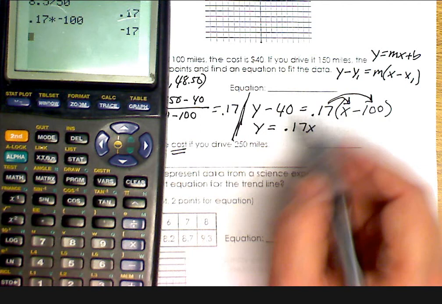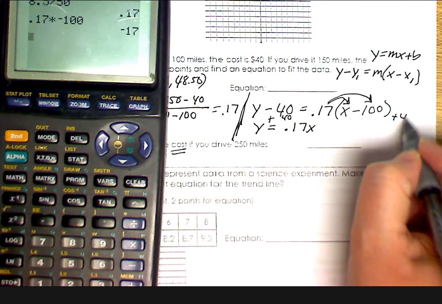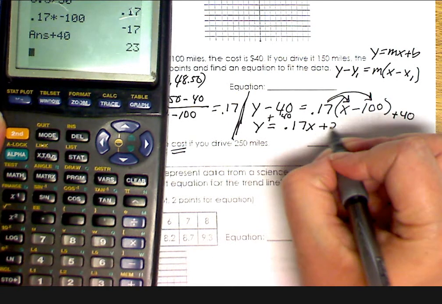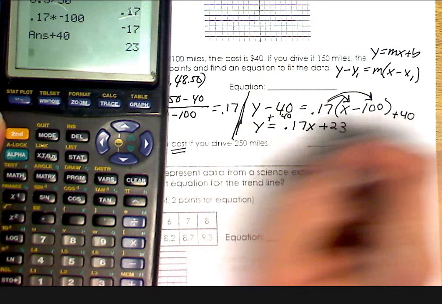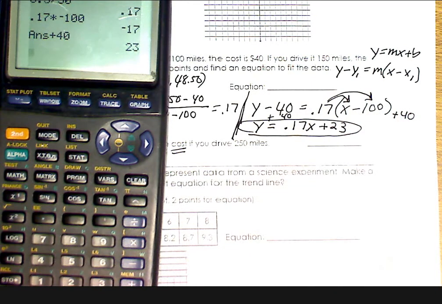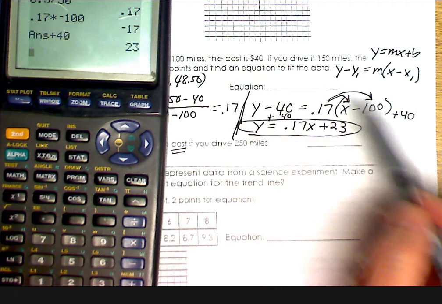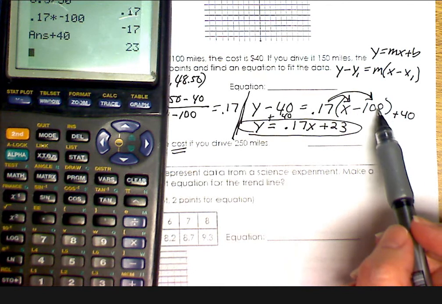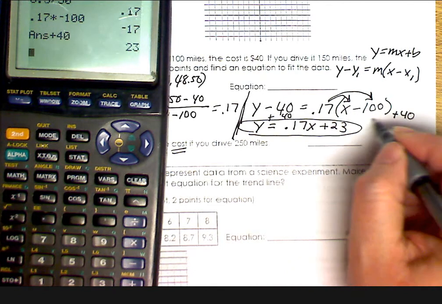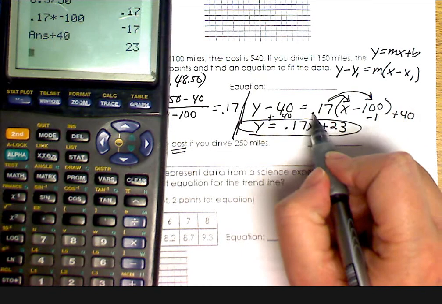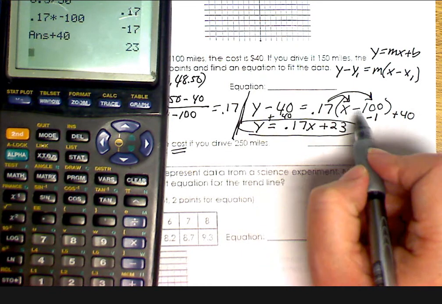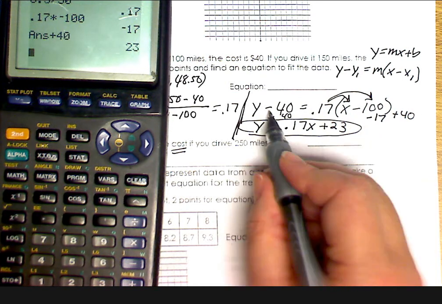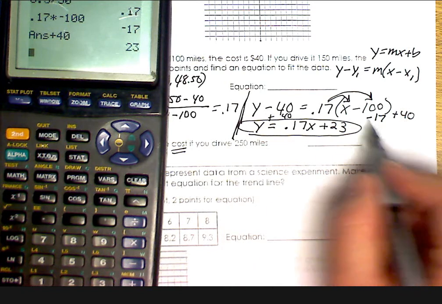Because I'm adding 40. I get plus 23 is my equation for my line. You distribute it, remember? So 0.17 times negative 100 gives me a negative 17. Negative 17 plus my 40 that I had to add is 23.